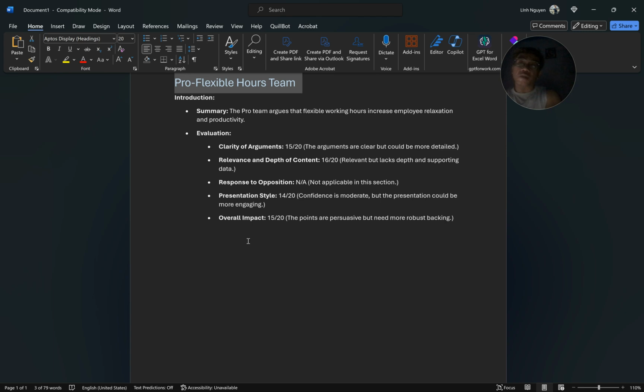Alright, so in terms of clarity of arguments, I think the AI here has given you a pretty generous score. Although we can see there are slips, and people are still reading from a paper. Next is relevance and depth of the content. It's 16/20.